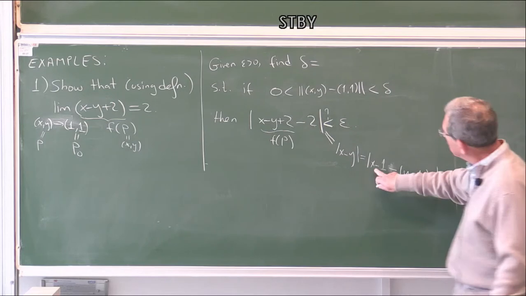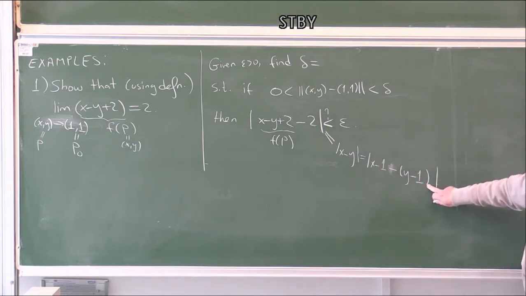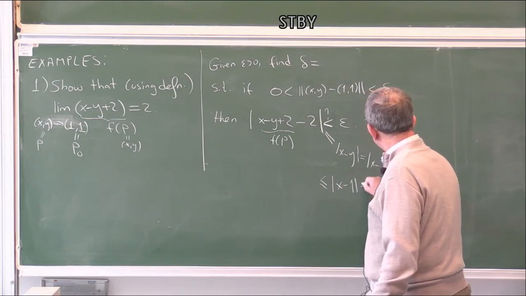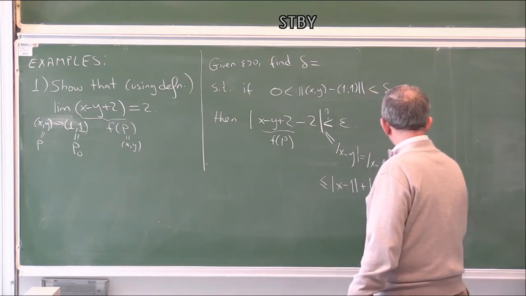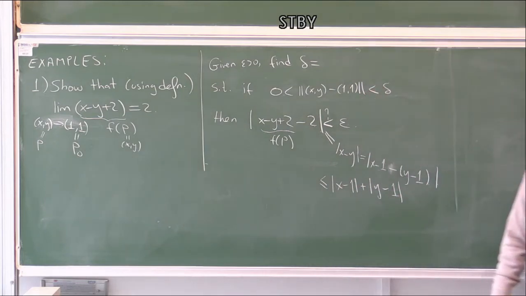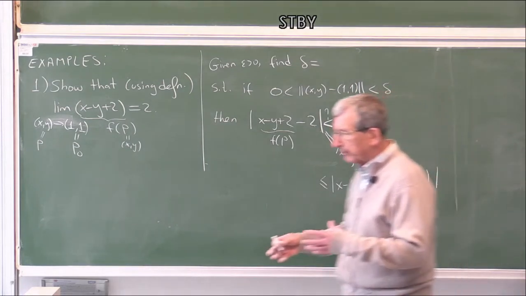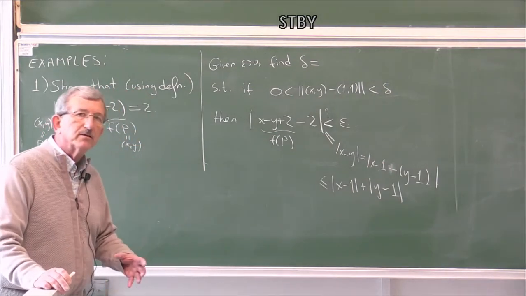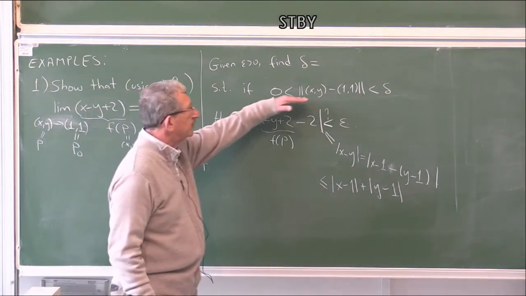I subtracted and added 1. Triangle inequality says that this is less than this sum. Now, x goes to 1 and y goes to 1, so both of them should go to 0. They both will be small. Do we get this from this condition?